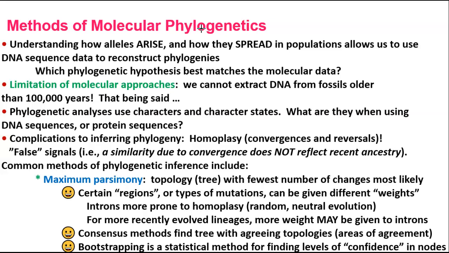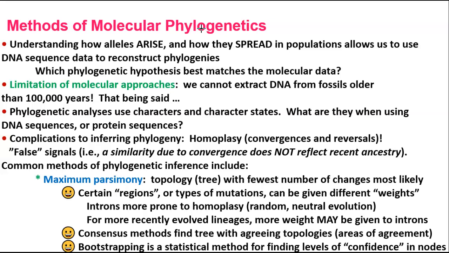So there are limitations to molecular approaches. Most especially, we can't extract DNA from fossils that are older than 100,000 years. The DNA degrades, and it's just impossible to collect that kind of data. That being said, we have a wealth of living species, extant species.